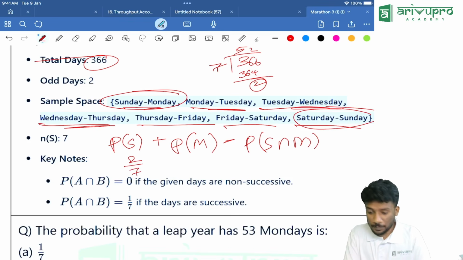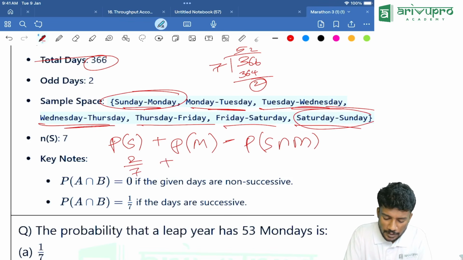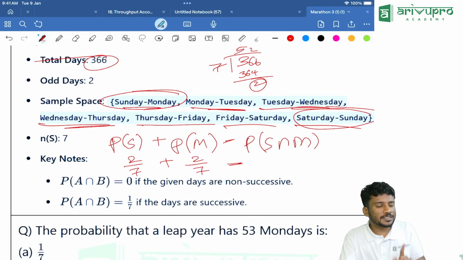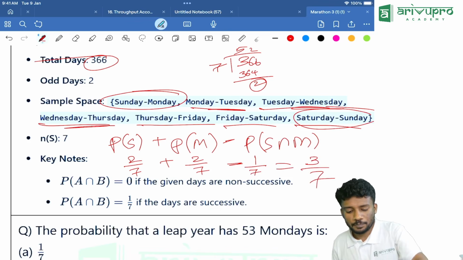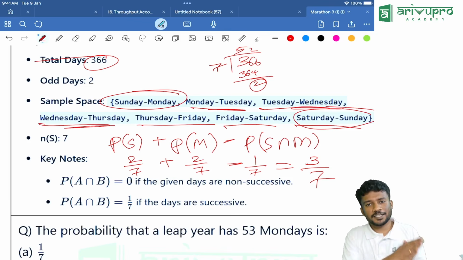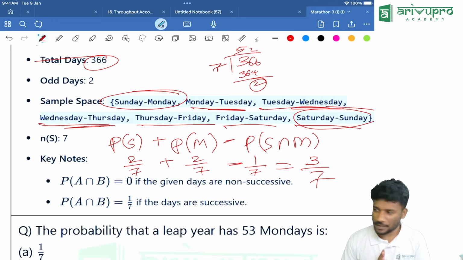Probability of Monday is 2 by 7. Is there any intersection between Sunday and Monday? Yes, Sunday, Monday is there, so it is 1 by 7, and we should subtract. Answer is 3 by 7. Everyone who studied at that time would have made the same mistake you made now. Yes, 3 by 7.